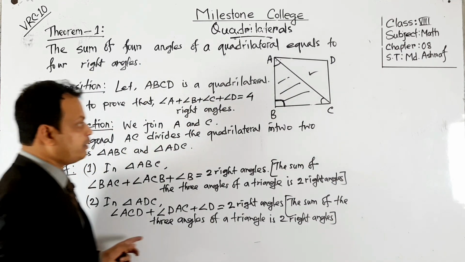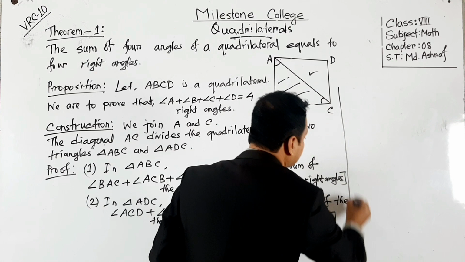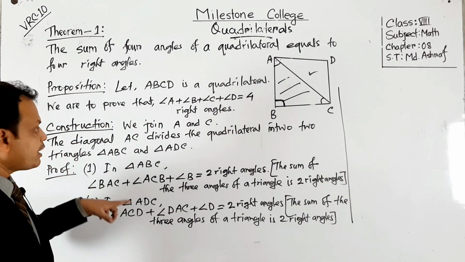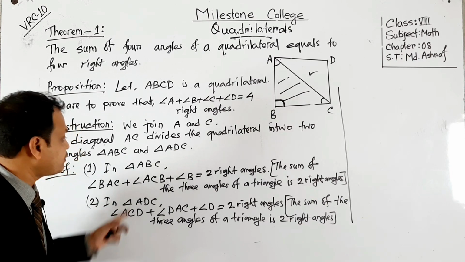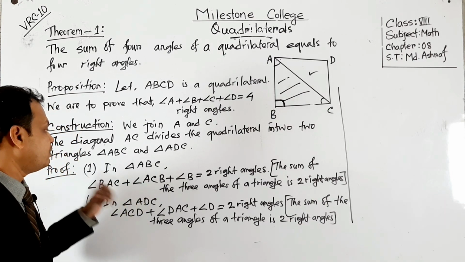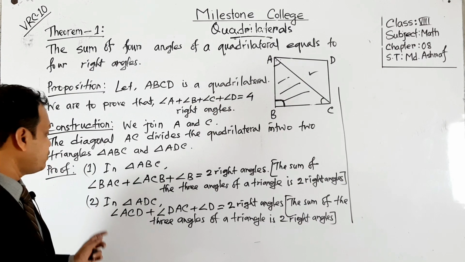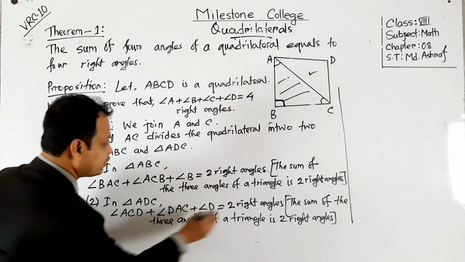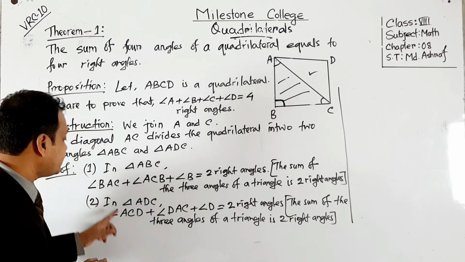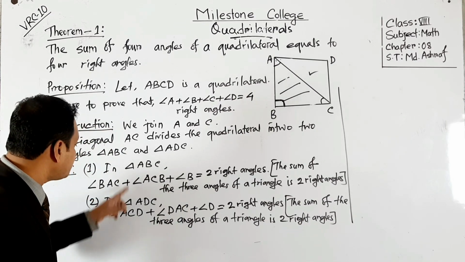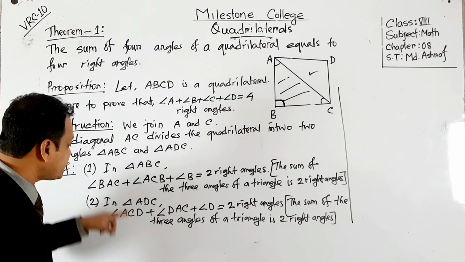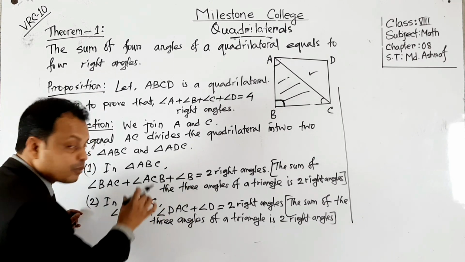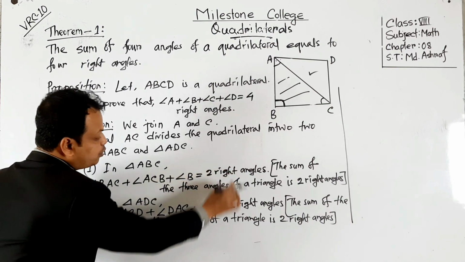Then what will be the third point? We have got points 1 and 2. So this one equals two right angles, and this one equals two right angles. If we add 1 and 2, on the right side we'll get 2 plus 2 right angles.